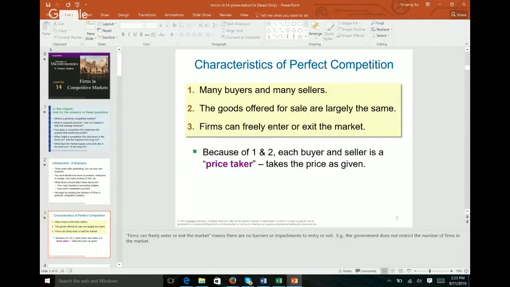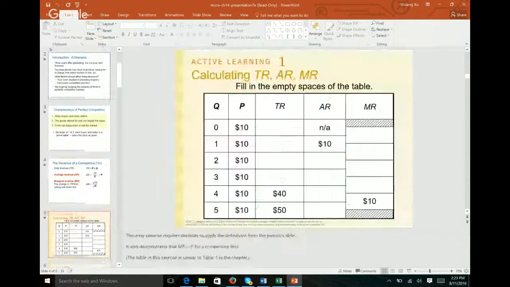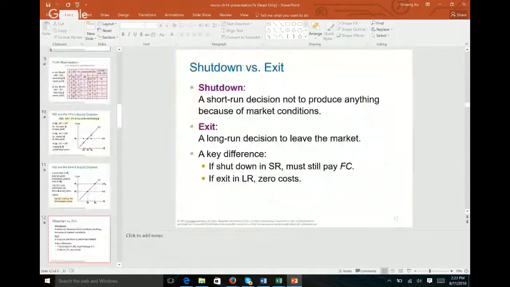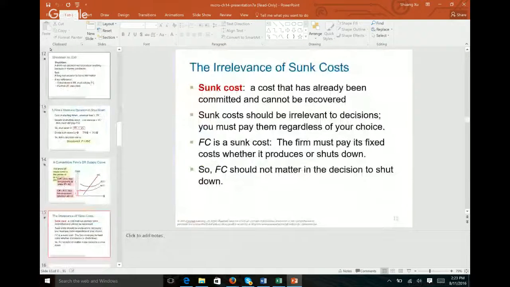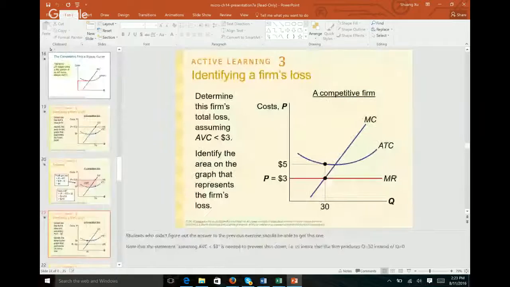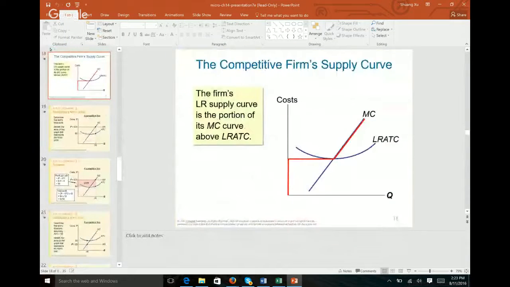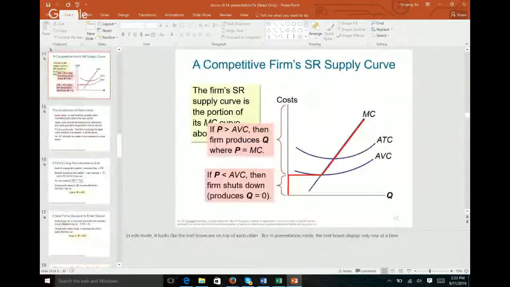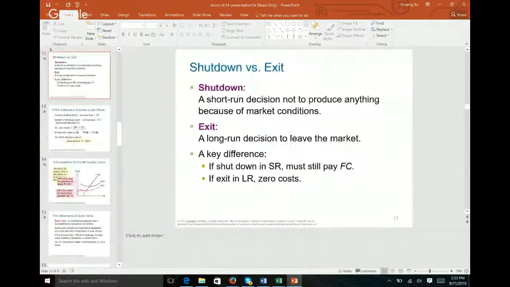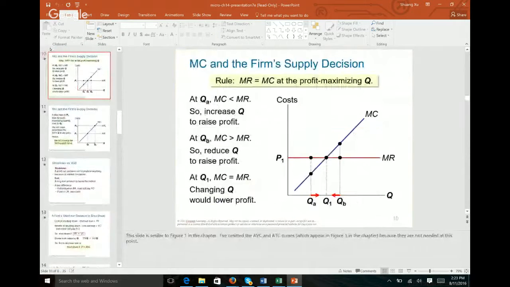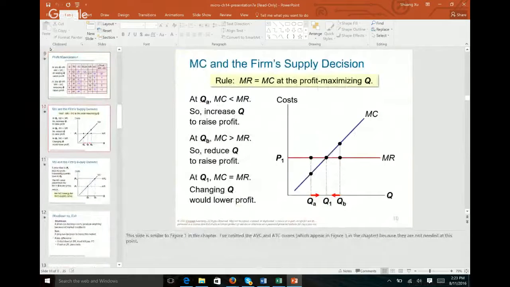All right. Now, you also need to know what the graph looks like for perfect competition. Let me show you. Something like this.